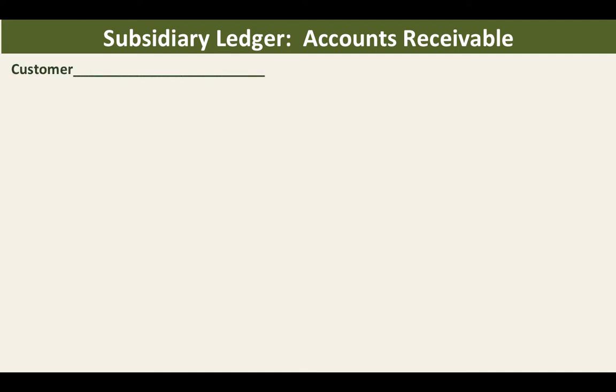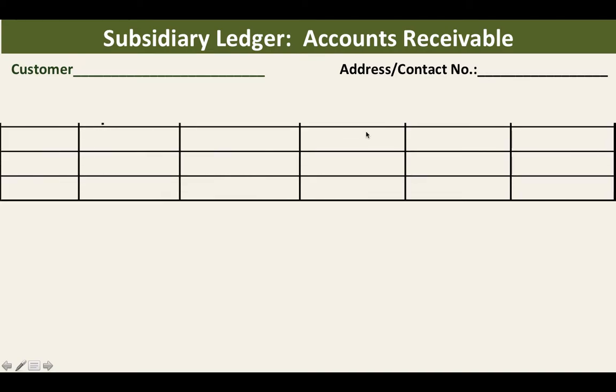So for subsidiary ledger for accounts receivable, you have to maintain a record for each customer. So the name of the customer, and of course you have to have the contact number para in case na may problema. And then normally it's a columnar record, yung subsidiary ledger natin.